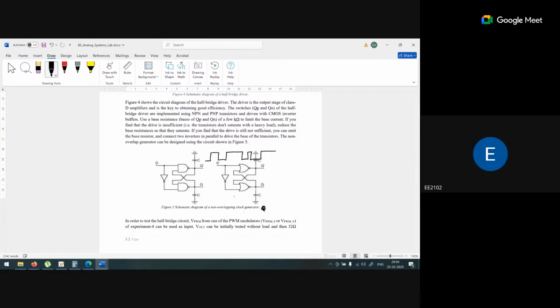With the Q bar we get this one, so where it is 0, it becomes 1, and where it is 1, it becomes 0. In this way.